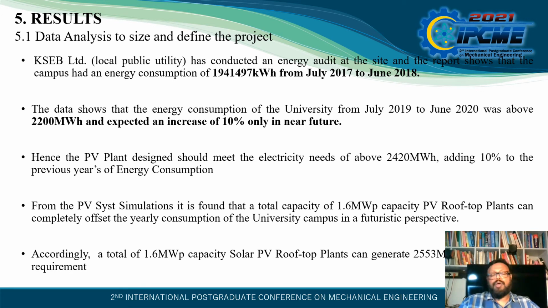Accordingly, a total 1.6 megawatt peak capacity solar rooftop project has been simulated, and it is found that it can generate 2553 megawatt hours of energy, which is just above the requirement of 2420 megawatt hours. But in a futuristic concept, this can completely offset the campus electrical needs and thus offset the energy needs.